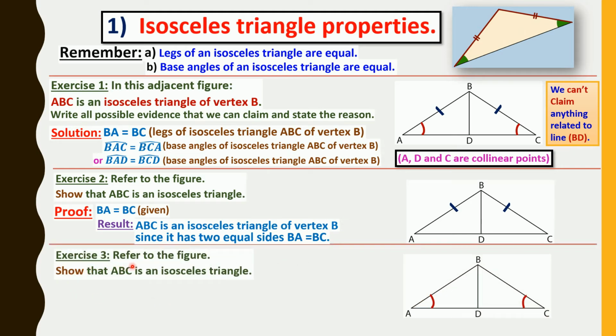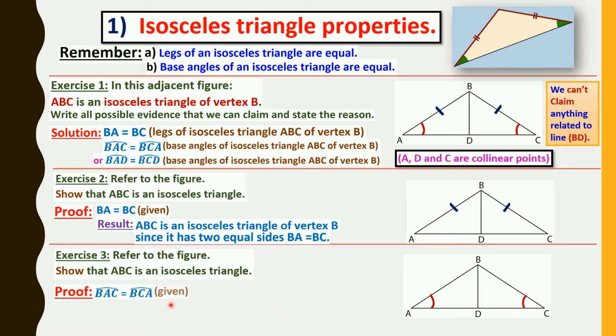Exercise 3, refer to the figure, show that ABC is an isosceles triangle. Also, in this figure, we cannot claim yet that ABC is an isosceles triangle. We need to prove it. So here, looking at these two codes, we can claim that BAC equals BCA. Prove BAC equals BCA.